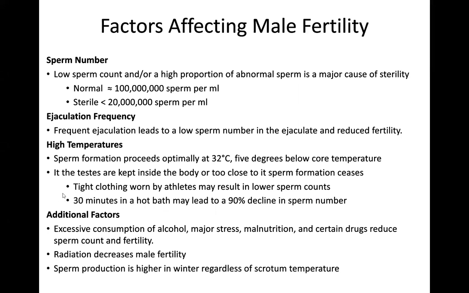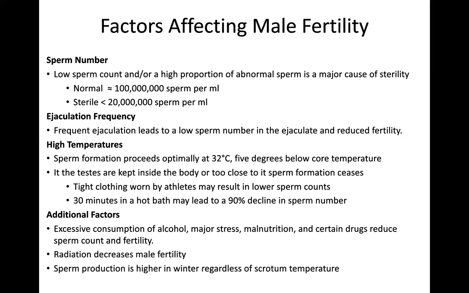Now, we talked the other day about the importance of the scrotum to keep the testes in an environment a little bit cooler than core body temperature. For optimal sperm formation, it needs to be roughly around 32 degrees Celsius, which is roughly 5 degrees below core temperature. If the testes are kept inside the body or too close to it, it's going to result in the formation of sperm ceasing.